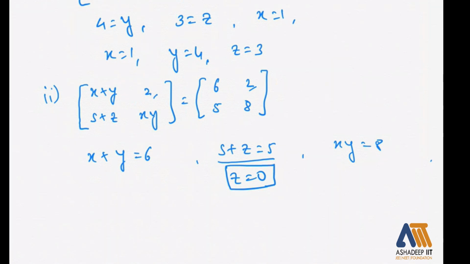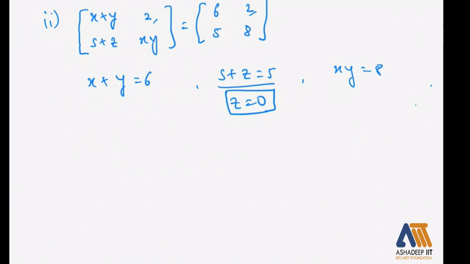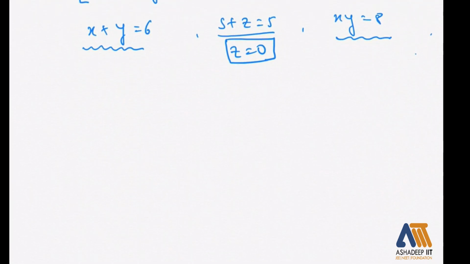So first we get z is equals to 0. Now x plus y is equals to 6 and xy is equals to 8. Here we have two equations and two unknowns. We need to find the value of x and y. So x plus y is equals to 6 and xy is equals to 8.